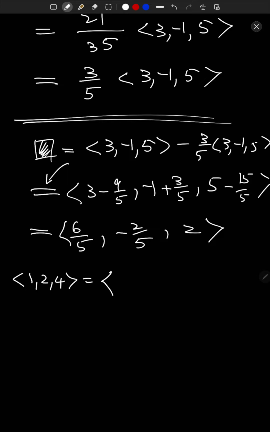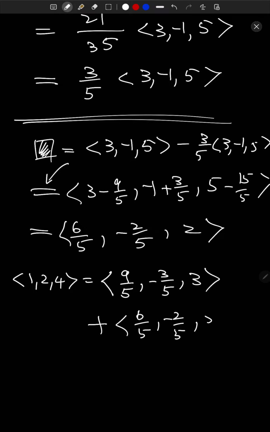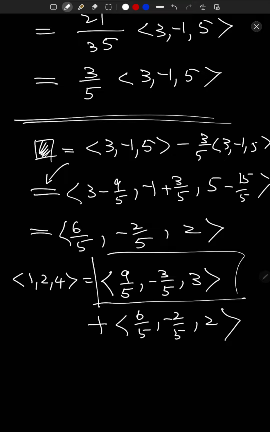Let me multiply the 3/5 in just to make it look like two vectors: 3/5 times (3, minus 1, 5), plus (6/5, minus 2/5, 2). Where this first one is parallel to v, and this one is perpendicular to v.